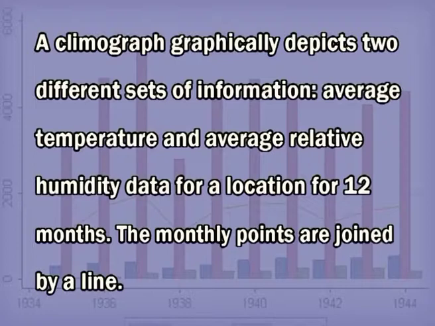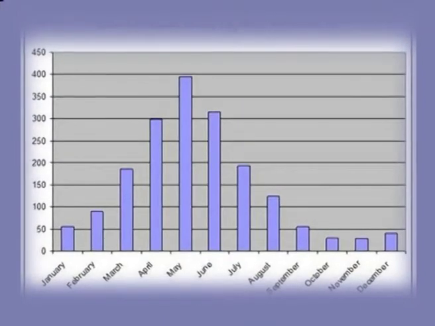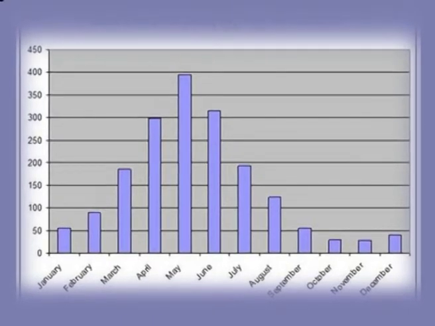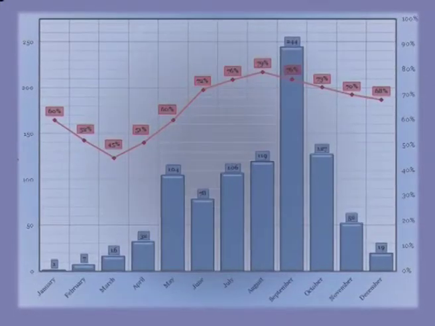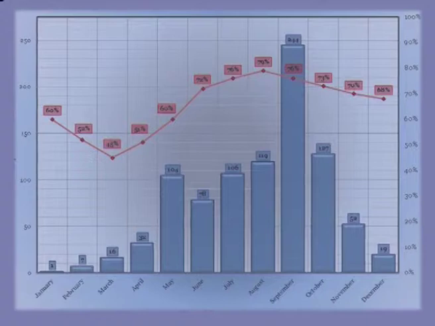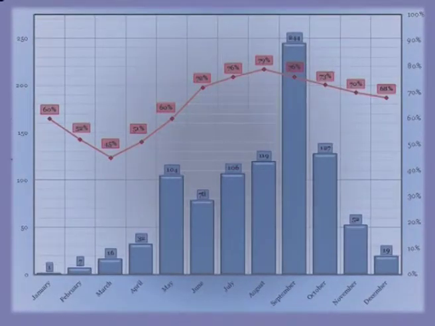The monthly points are joined by a line. The shape and location of a line thus drawn indicates the nature of climate in terms of heat and humidity. The resultant 12-sided figure provides a general index of the climate of a particular station.